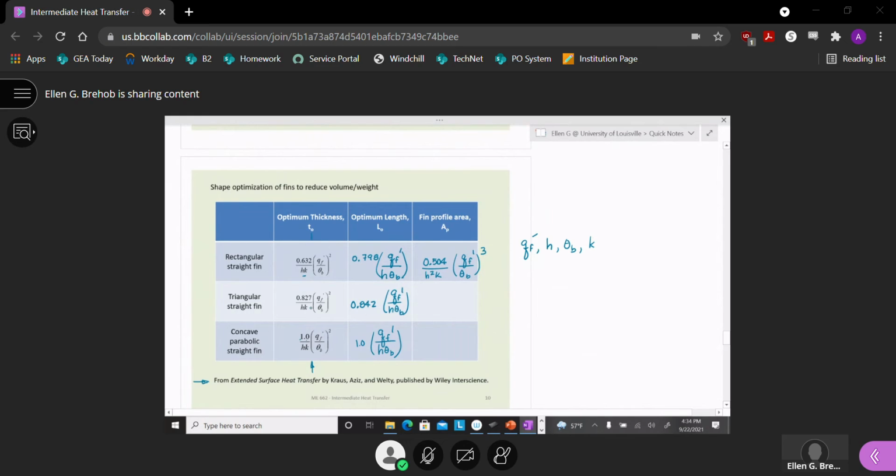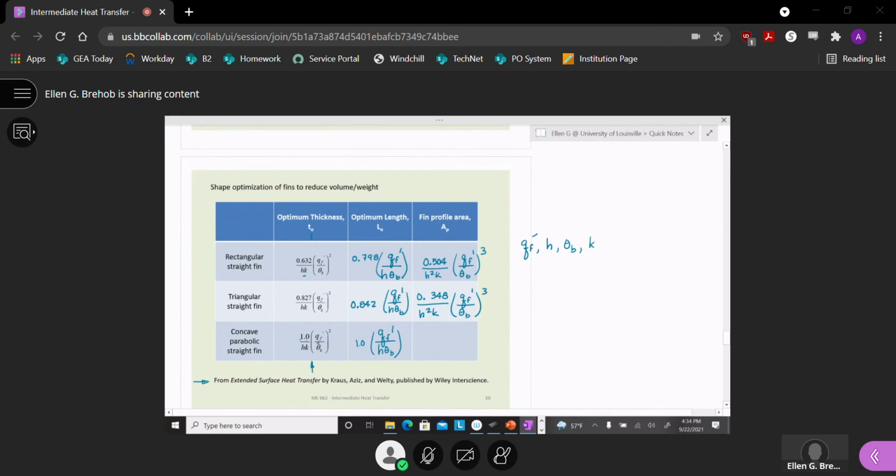Okay. And the next one, if you remember triangular, I multiply the thickness and the length together, but then I take half of that because you think of this triangular fin, I only need half of that cross-sectional area. And then everything else is the same, h squared k, Q_f prime, theta_b, and that's cubed. And then we get to the parabolic fin.